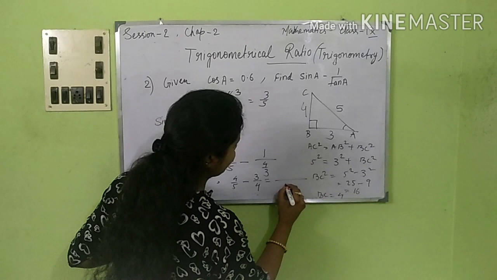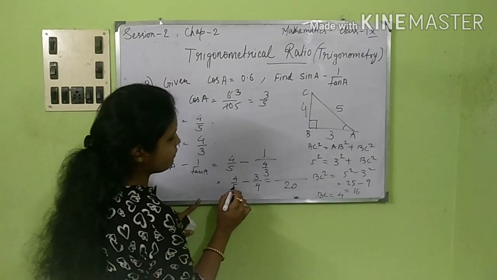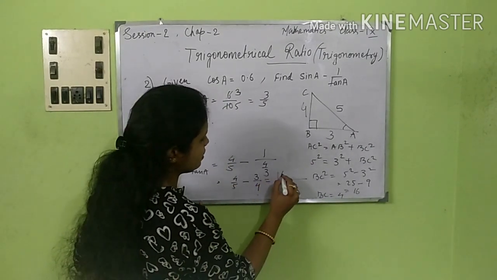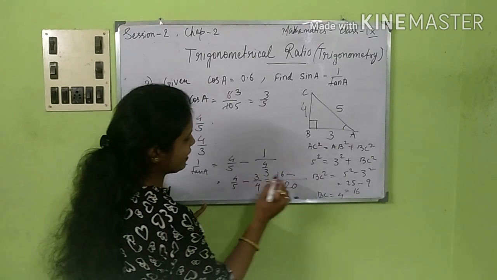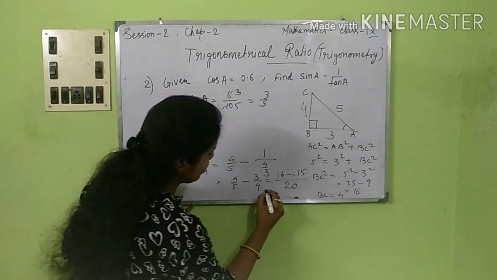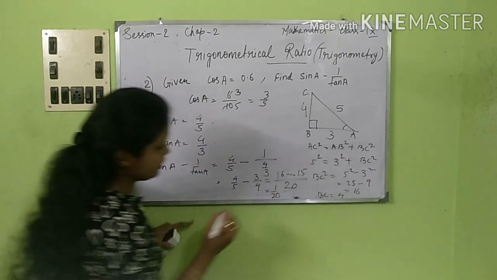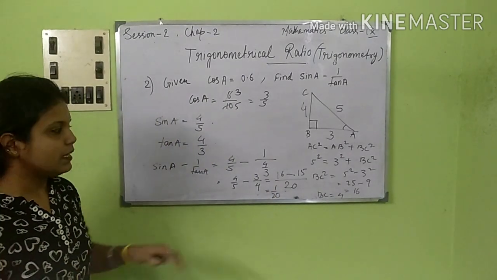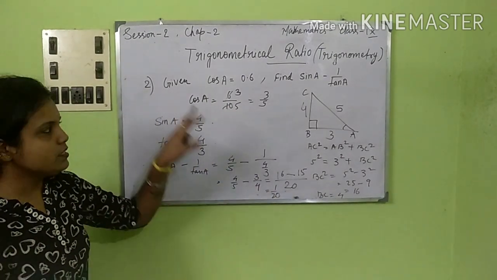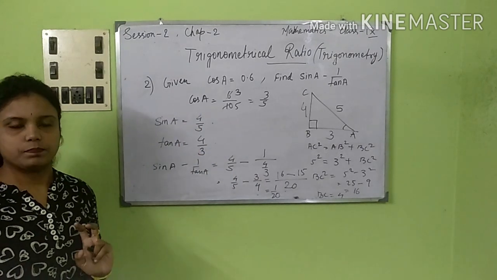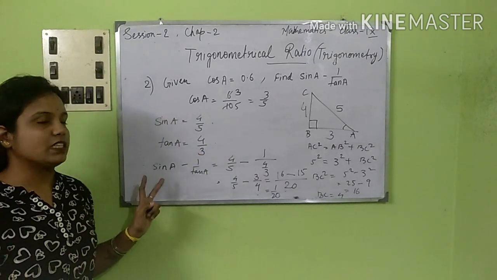That is equal to, take the LCM as 20. 5 4s are 20, 4 4s are 16, minus 4 3s are 12... So you are getting 1 by 20. Okay, this is a particular answer. This is how we are going to do the sum. I hope I'm clear with this.